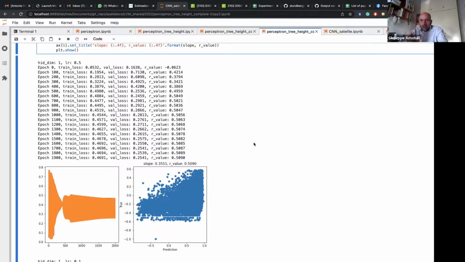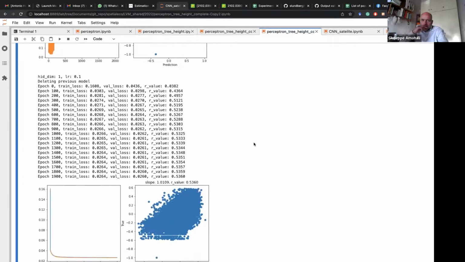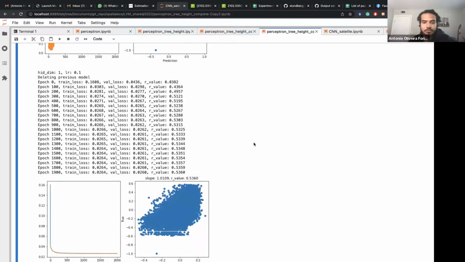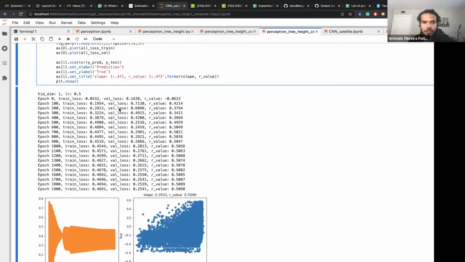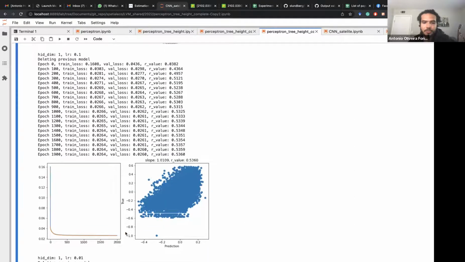That's a potential explanation. But you see that when I change the learning rate from 0.5 to 0.1, that goes away, right? So that means that, indeed, the loss function is complex, but in that case, the magnitude of the jumps I was taking was just too high.